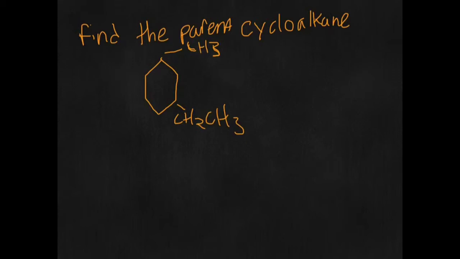We count how many carbons we have. Let's just count: 1, 2, 3, 4, 5, 6. So in total we have 6 carbons in the ring. That's going to equal cyclohexane.